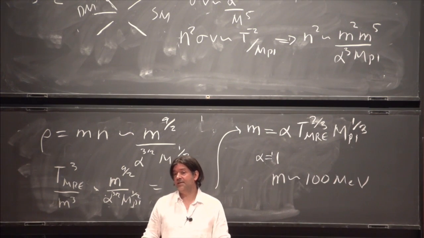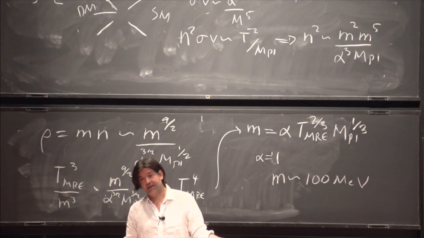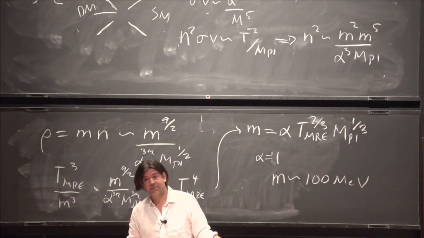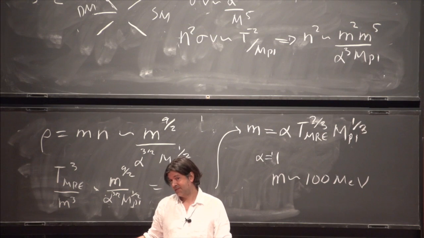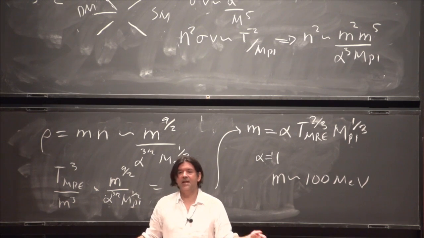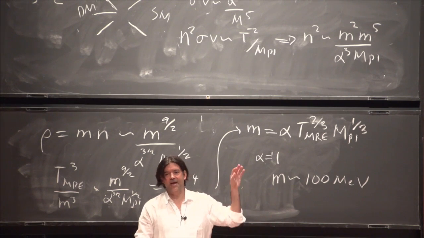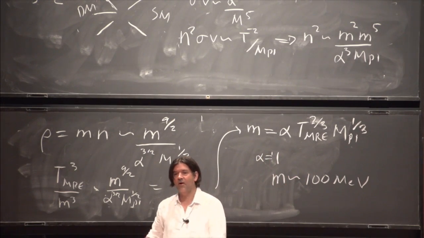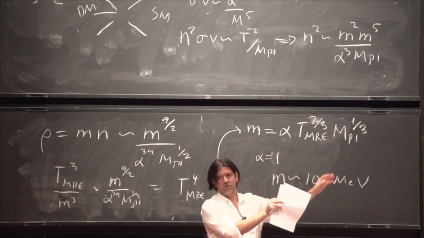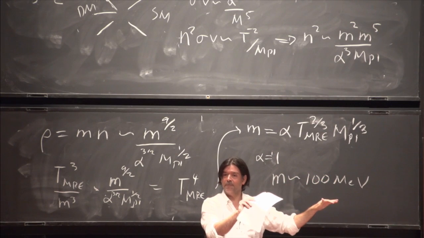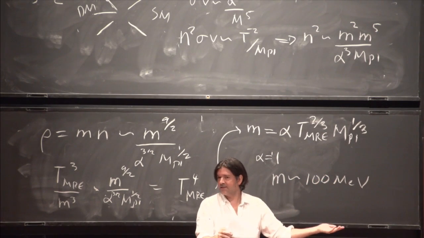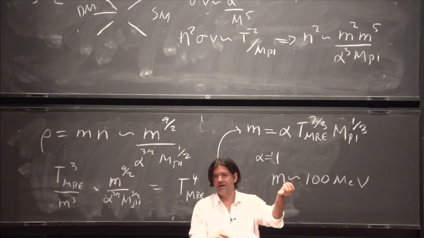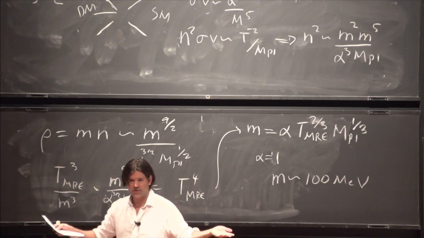But another way to do it is to say, well, at matter radiation equality, I know how much dark matter there was then. It was the same amount as there was in photons. So all I'm doing is, instead of saying I'm going to compare the amount of dark matter that was produced to the amount of dark matter now, I'm saying I'm going to find the amount of dark matter that was produced and compare it to the amount at matter radiation equality. Same basic concept.